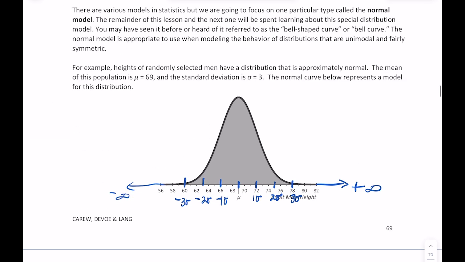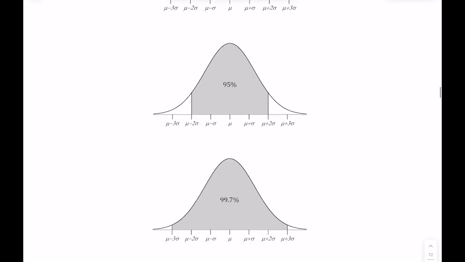So if you go back to your diagram, 1 standard deviation above and below the mean would be here. So this tells me that 68% of males fall between 66 inches and 72 inches tall. And if I continue going out another standard deviation, 95% fall within 2 standard deviations of the mean, and even further out, 99.7% fall within 3 standard deviations of the mean.